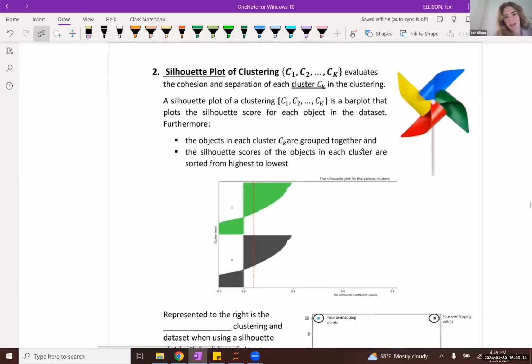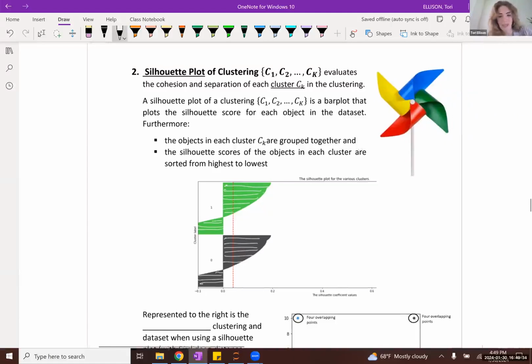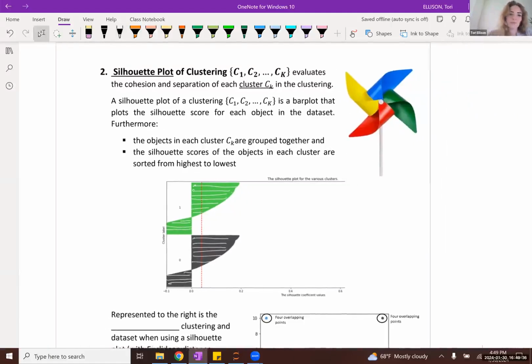Basically, a silhouette plot is a bar plot in which we take every observation in the data set and plot a bar for its corresponding silhouette score. So this, in theory, is what your silhouette plot would look like for a given data set. Let's just say you had a data set and you clustered it into 2 clusters. So this is cluster 0 and this is cluster 1.